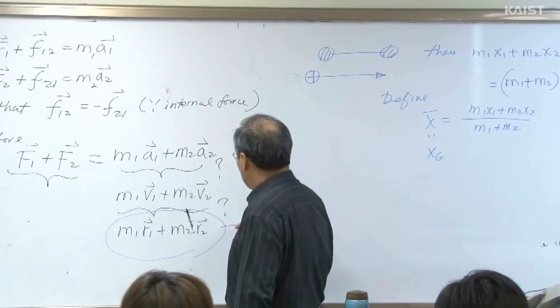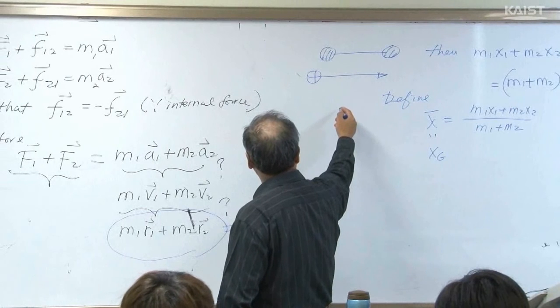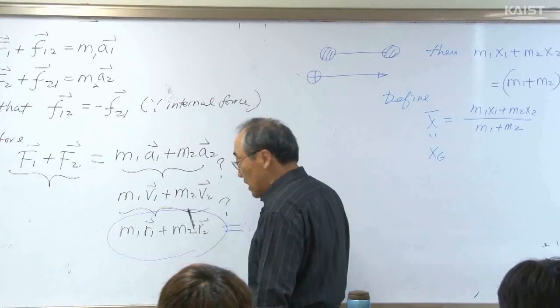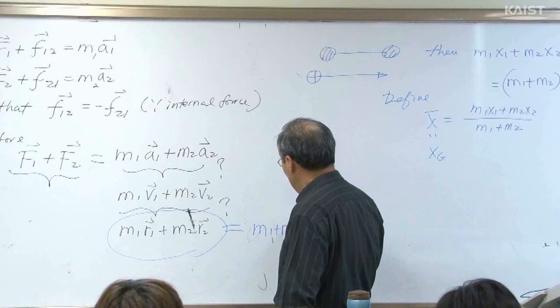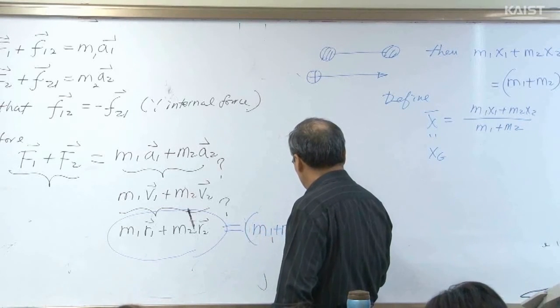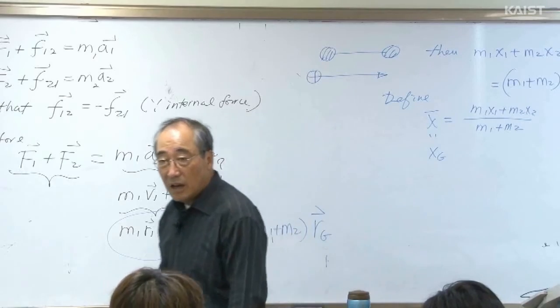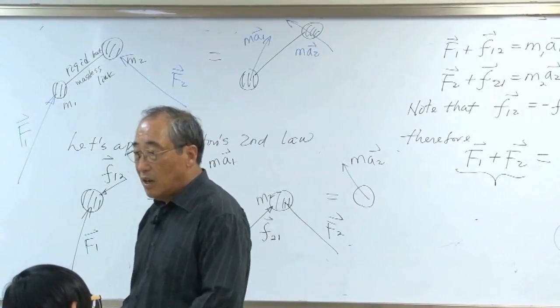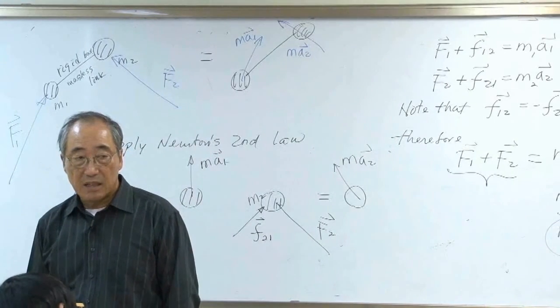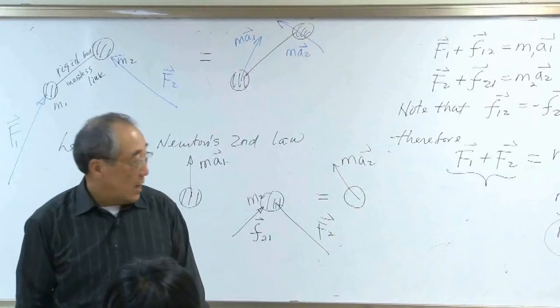Therefore, according to the observation from the one-dimensional case, I can write this as m1 plus m2 times rg. rg is the position vector of the center of mass. Okay?